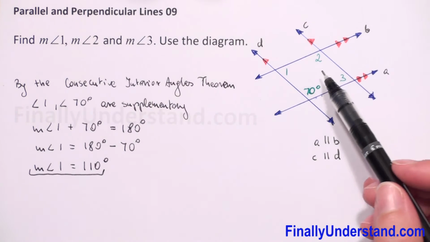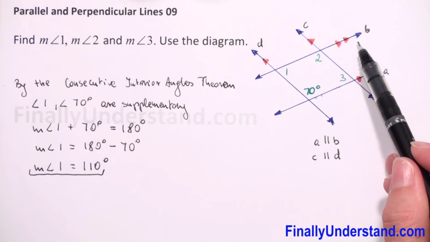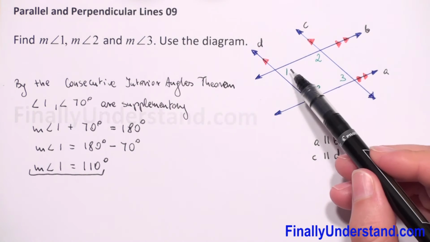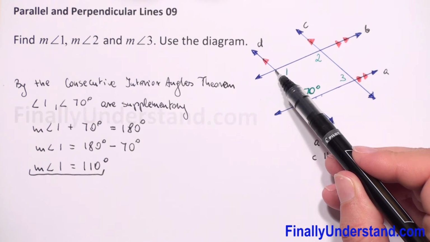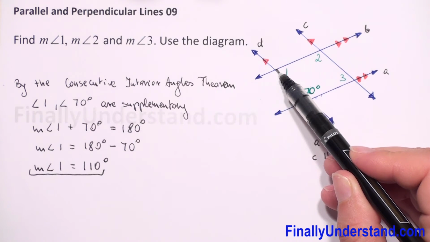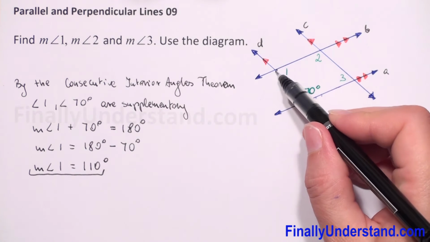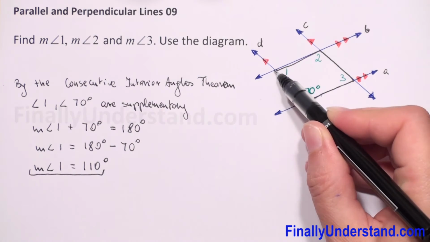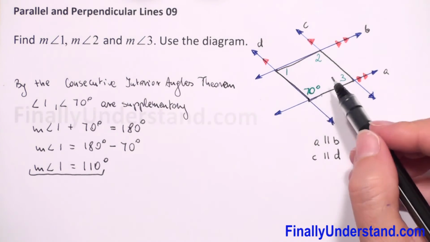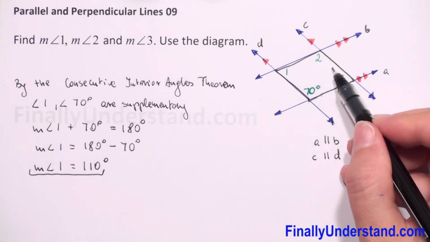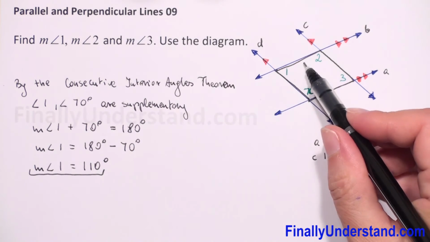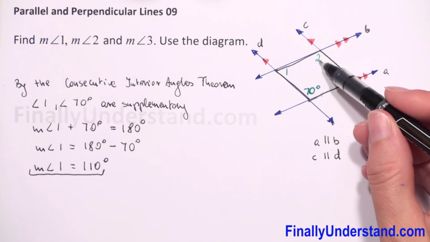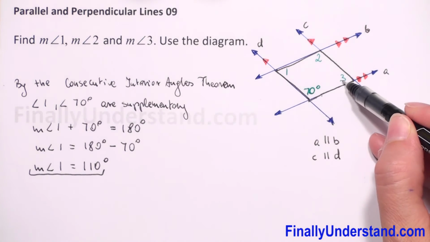What else? We see that these two lines are parallel, AB and CD, and they cross and give us this parallelogram. We have parallelogram, and because opposite sides are parallel, it means that opposite angles are the same.